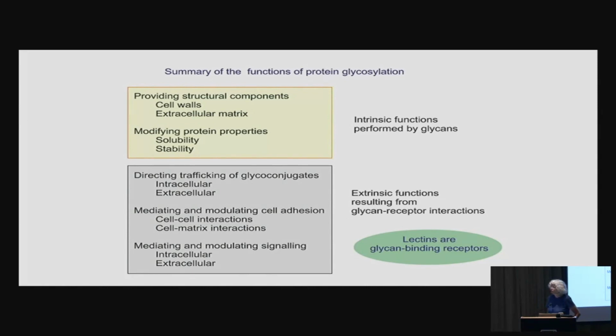They can make them more soluble and they can stabilize them. But many functions of the glycans are actually not to do with the proteins that they're attached to. The glycans are actually encoding information which has to be recognized by other proteins. And so glycan-binding proteins, or lectins, are the receptors which recognize glycans and decode that information.